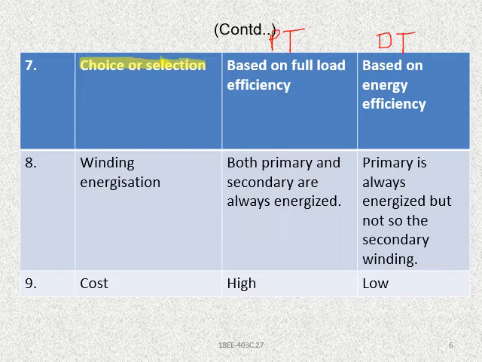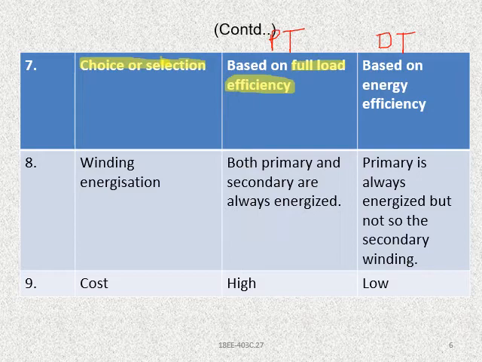So the power transformer is based on full load efficiency. It should be considered that the load is full load and what kind of efficiency is happening on it. So by that factor, this power transformer has to be chosen.